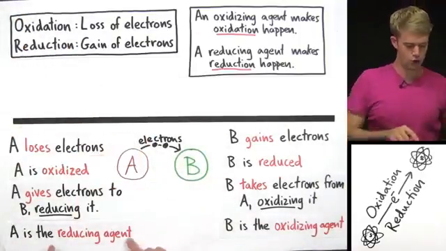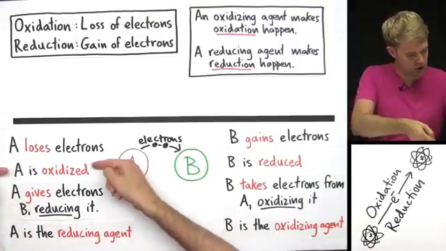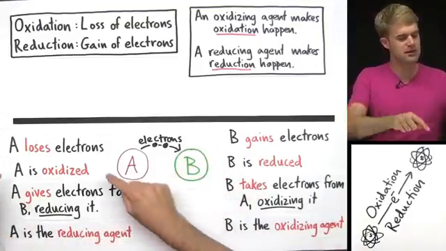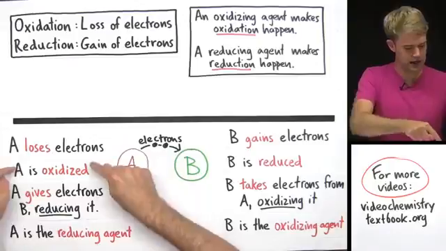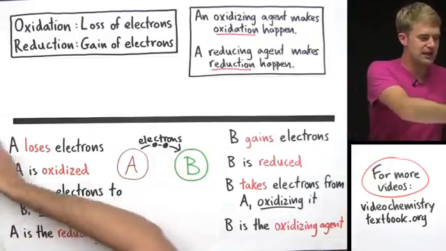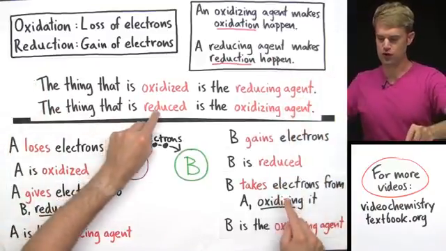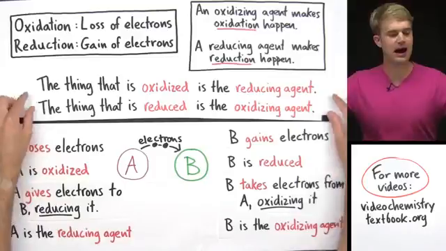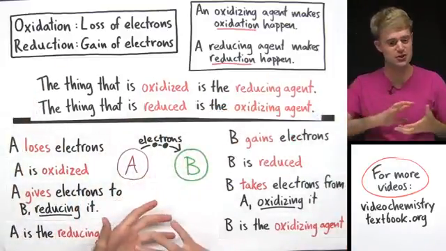So we've got reducing agent and oxidizing agent. And if you look at what's going on here, there's kind of a switch that takes place. The thing that is oxidized, the thing that loses electrons, is the reducing agent. And the thing that is reduced, that gains electrons, is the oxidizing agent. The thing that's oxidized is the reducing agent.